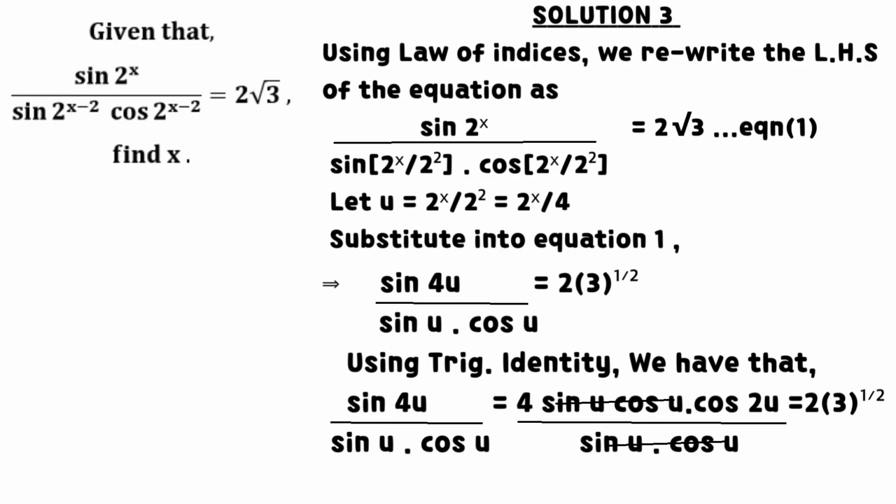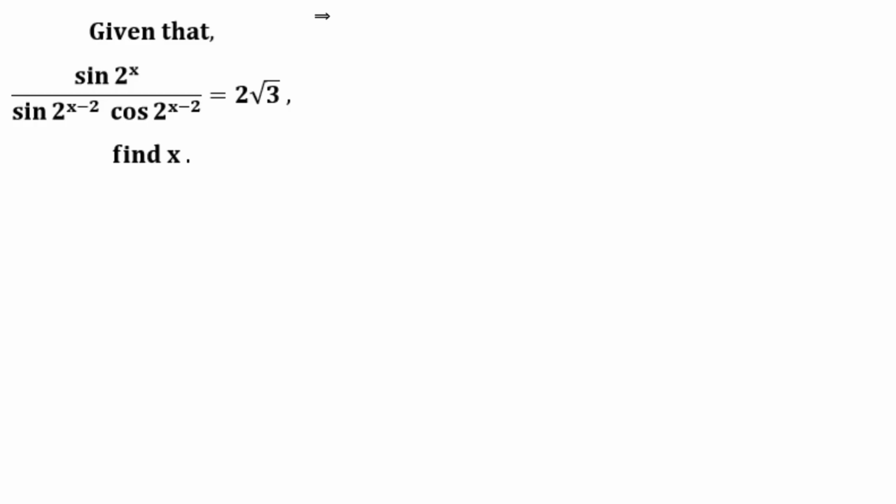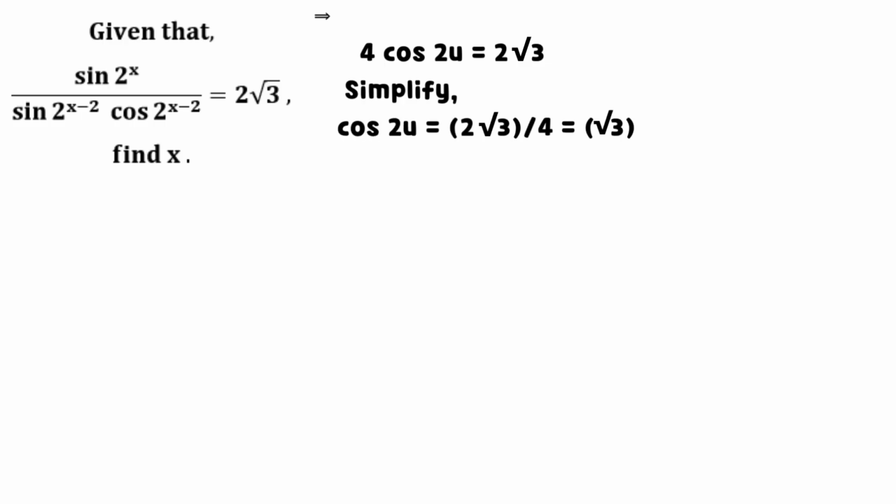This implies that 4 times cosine 2 times u equals 2 times the square root of 3. Simplify and we have that cosine 2 times u equals 2 times the square root of 3, all divided by 4, which equals the square root of 3 divided by 2.